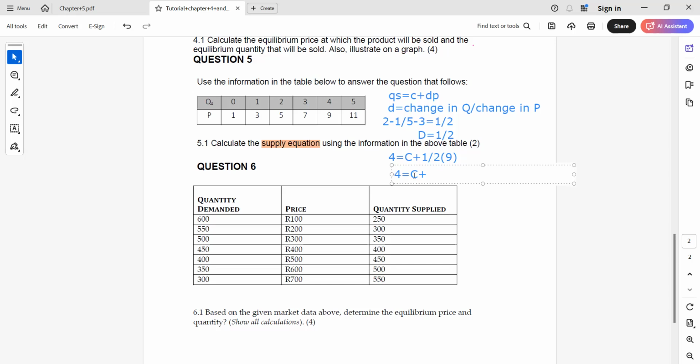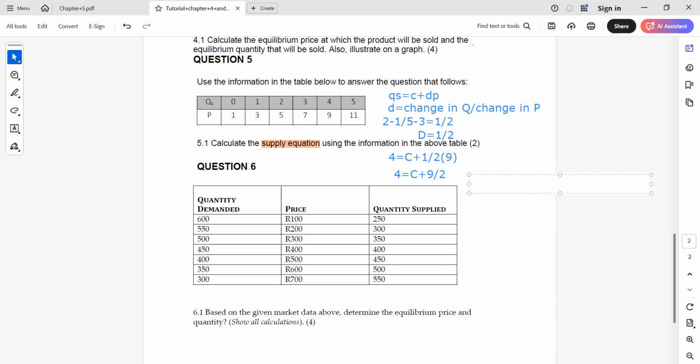What do you get? You get 9 over 2. And then you just transpose the 9 over 2 to that side.